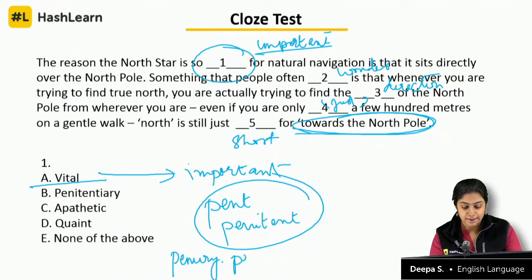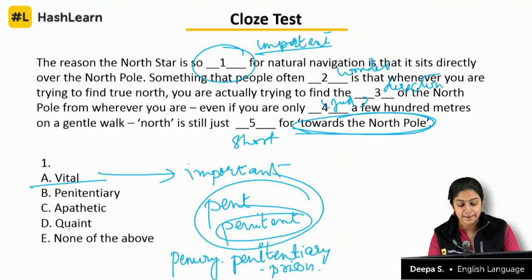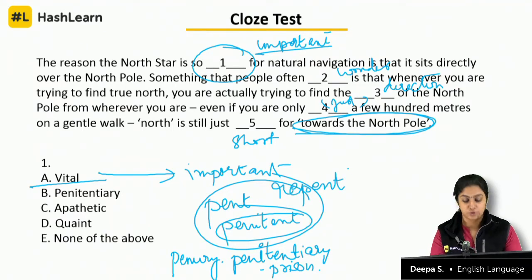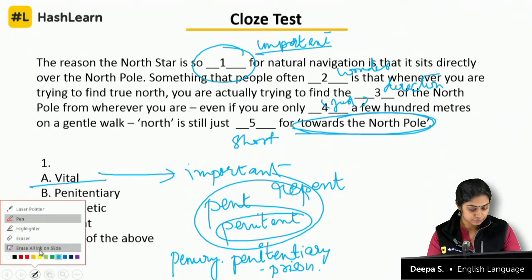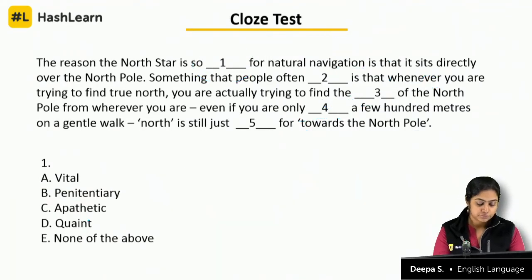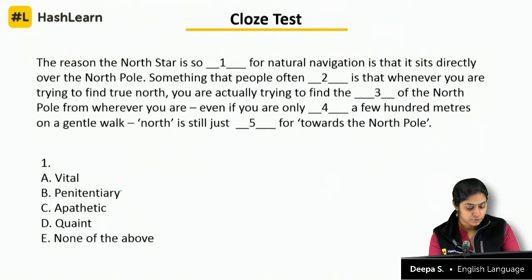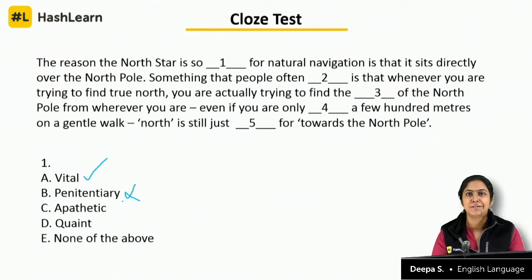A penitentiary is nothing but a prison, and then penitent is repentant. The word repent comes from the same root. So this is definitely not the answer. This has nothing to do with repent, penitentiary notions.